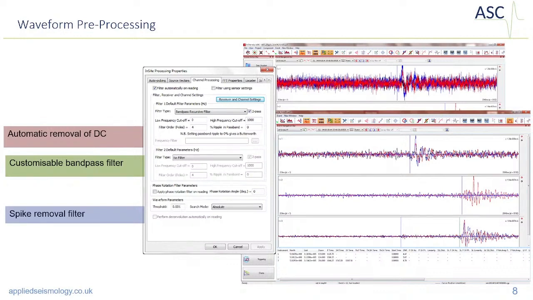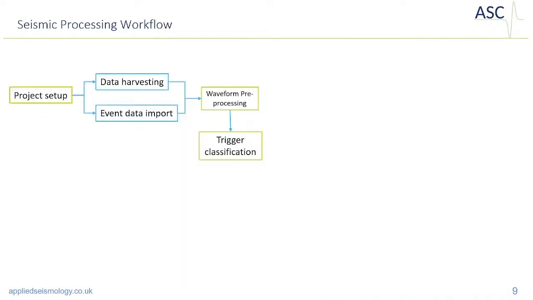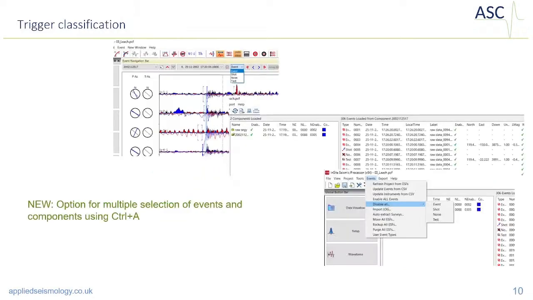We also incorporated, in the previous version actually, the removal of spikes, for example electrical noise, or some kind of noise that affects our traces, which can be automatically removed. The next step will be classifying our triggers into noise, shots, or events. As a new option, we've added a shortcut that allows you to select multiple components, that's event groups or events, by using the shortcut Ctrl A to select all.